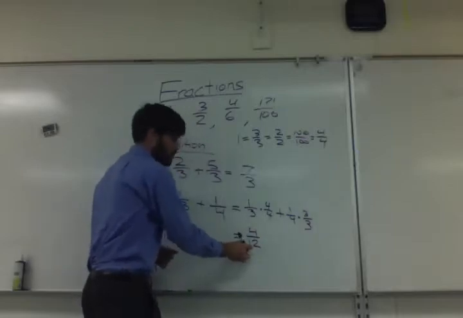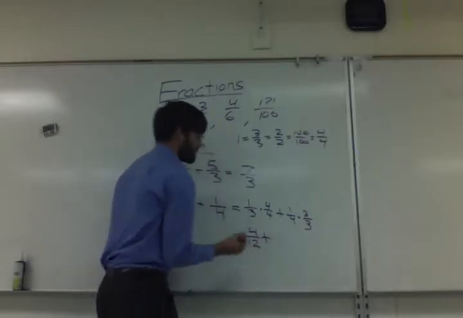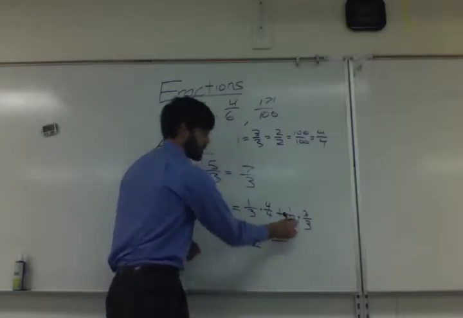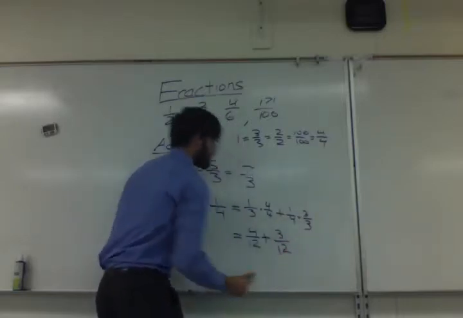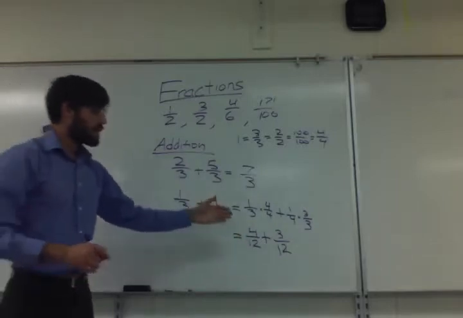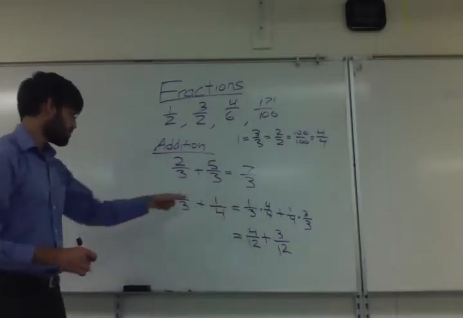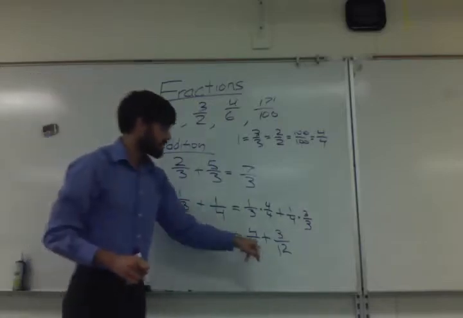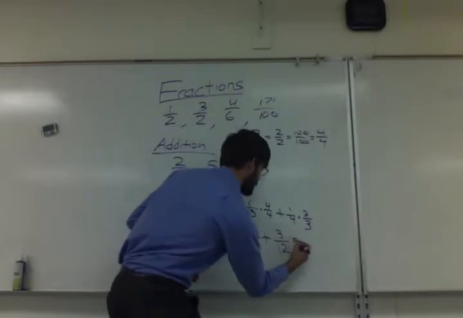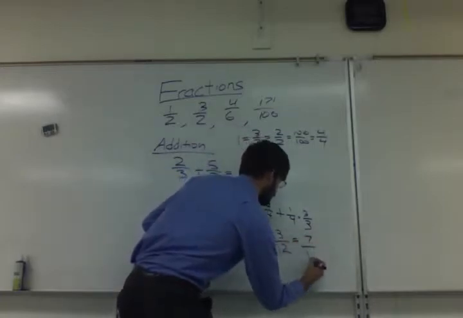We've got the 12 that we wanted in the denominator. And I'm going to add that to 1 times 3, gives me 3, and 4 times 3 gives me 12. So now I have a new version of 1/3 plus 1/4, but with a common denominator of 12, so I can add these together. And that gives me 7 over 12.